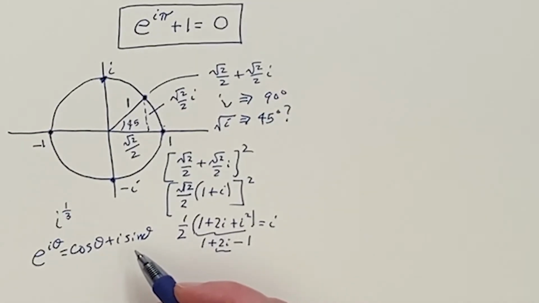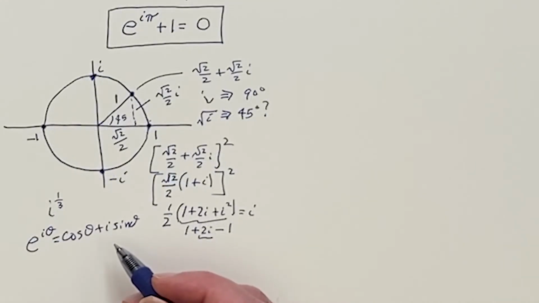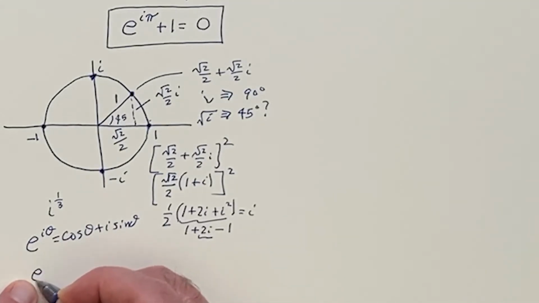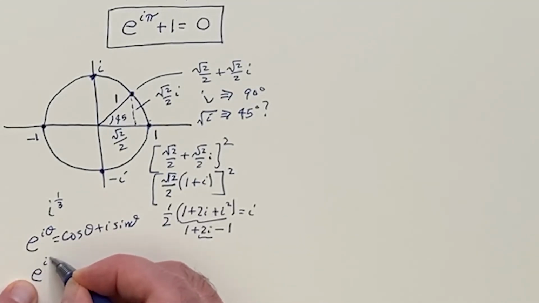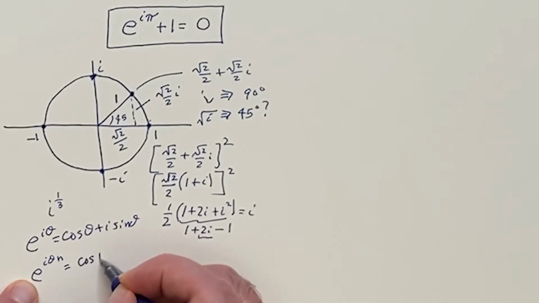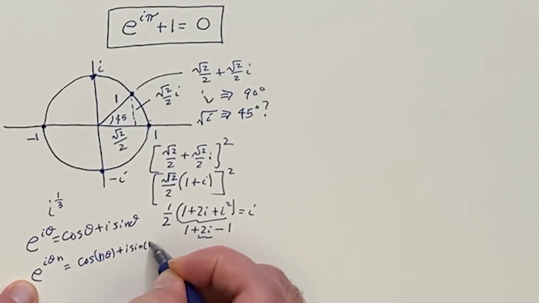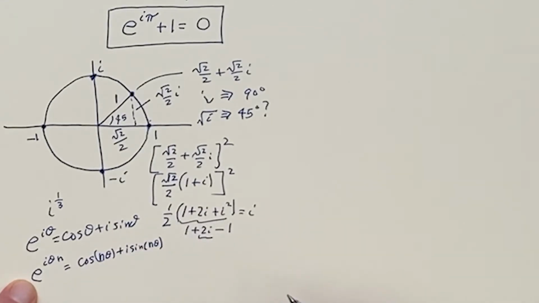That's amazing mathematics, all right, how that works. And there's a theorem, de Moivre's theorem, that talks about this. In other words, if you take this to the nth power and put an n in there, then you have cosine of n theta plus i sine of n theta. Wild stuff.